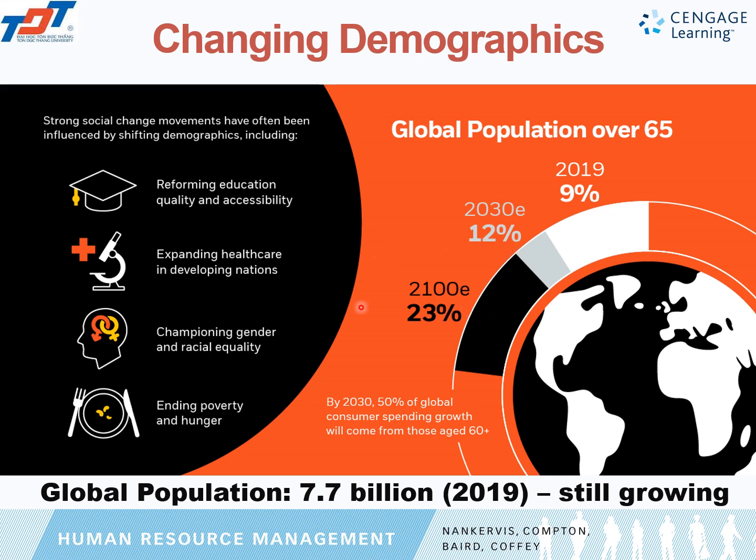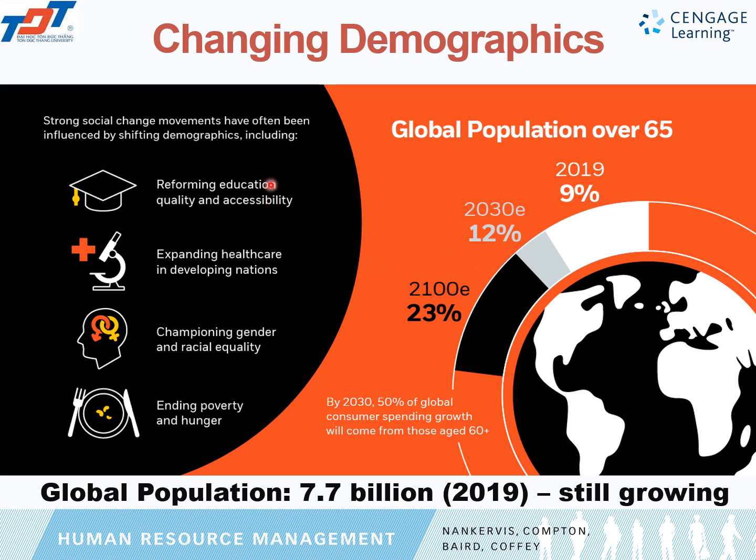Now, this is a very important development that we will need to consider as human resource specialists. Why and how is a topic that we are going to have a look at within the next couple of slides.